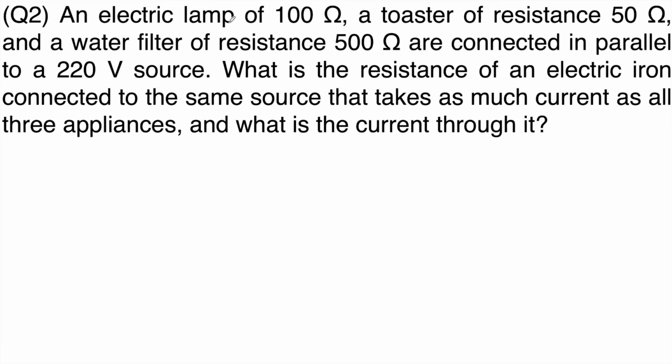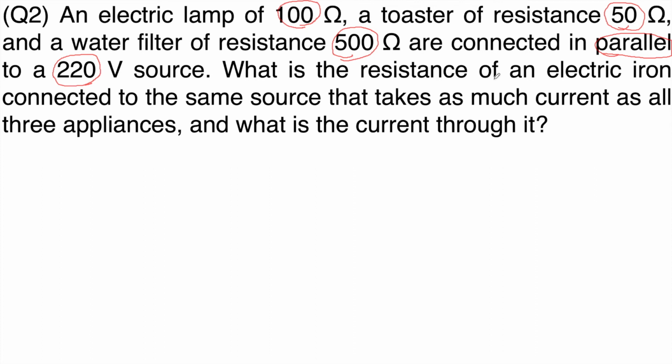So the lamp is 100 ohm, the toaster is 50 ohm, the water filter is 500 ohm, and all are connected in parallel, and the voltage is 220.